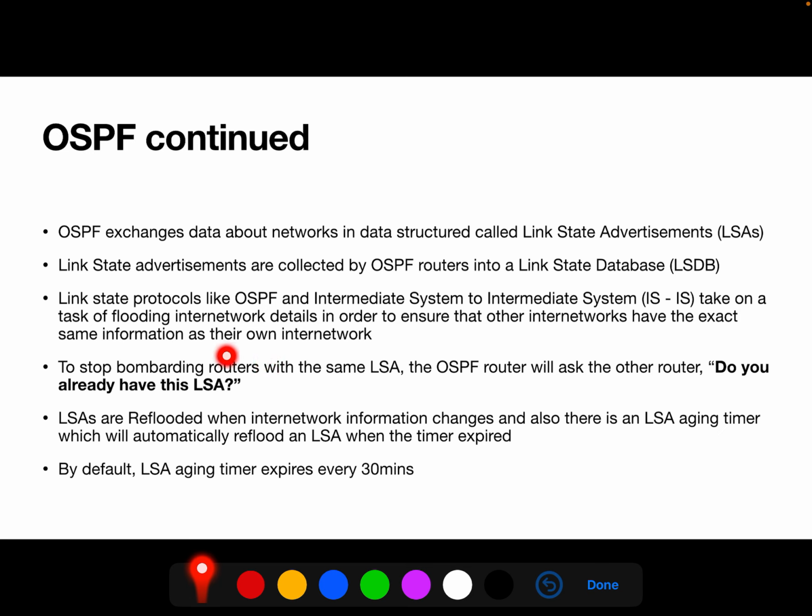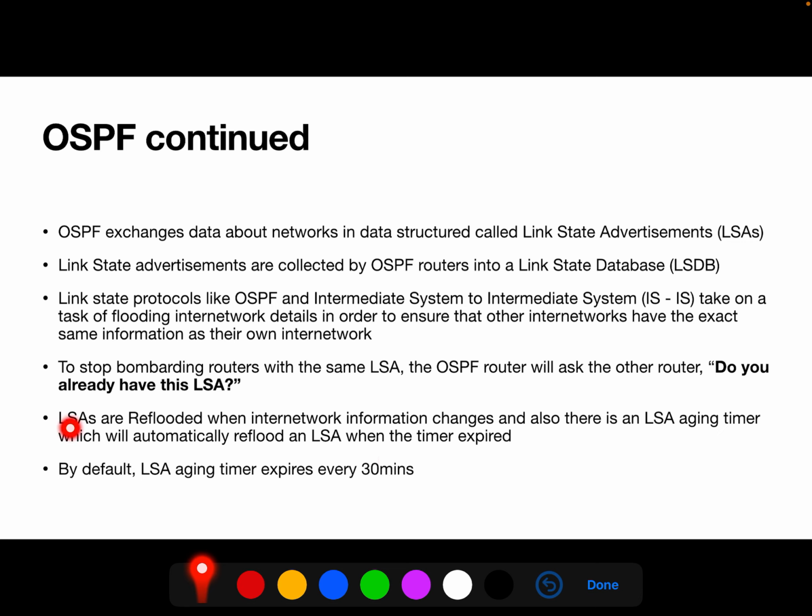So to stop something like this happening, the OSPF router will first ask the other router, do you already have this LSA? Now, LSAs are reflooded when inter-network information changes, and there is an LSA aging timer, which will automatically reflood an LSA when the timer expires. By default, an LSA aging timer expires every 30 minutes.